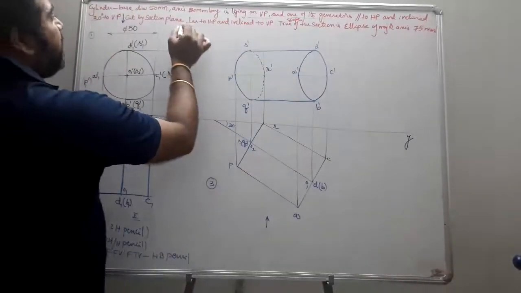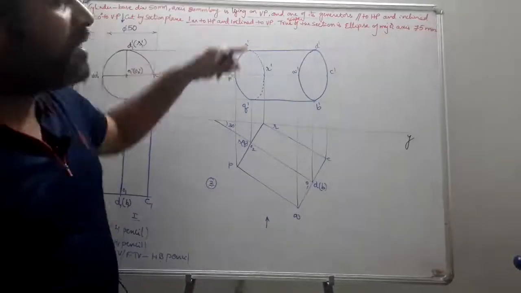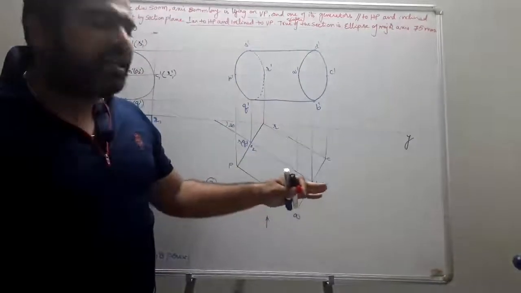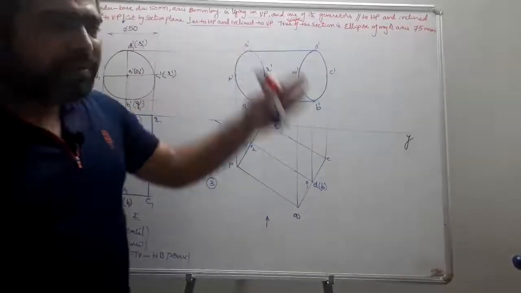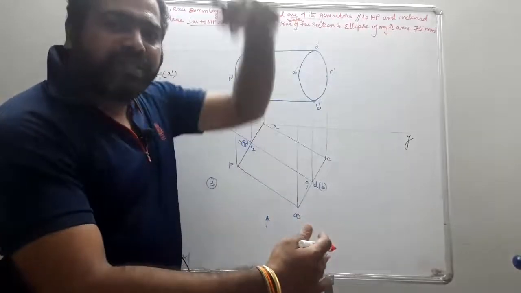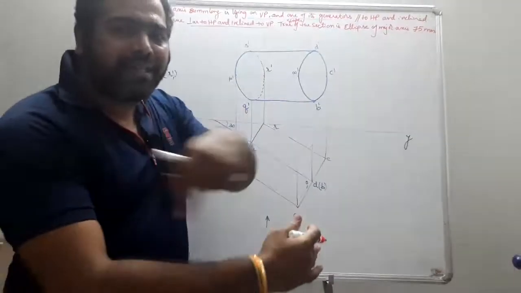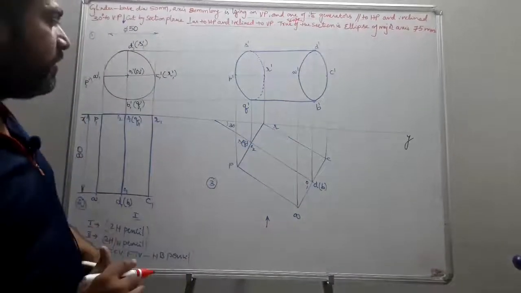So it is perpendicular to HP and inclined to VP. When it is inclined to VP, it always comes below the XY line. That means your cutting plane should be below the XY line. Okay, and also it is perpendicular to HP. When it is perpendicular to HP, that should be seen from top only. You see, it is perpendicular to HP. That means it should look like a line from the top. It becomes its horizontal trace HT.